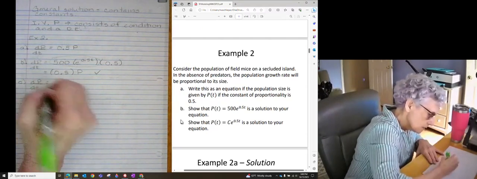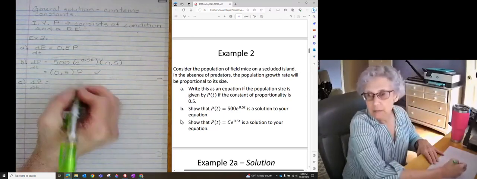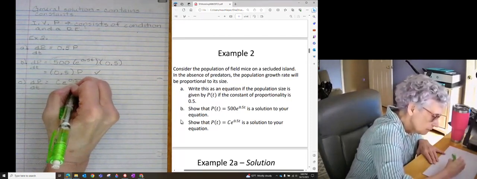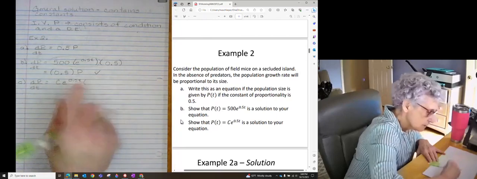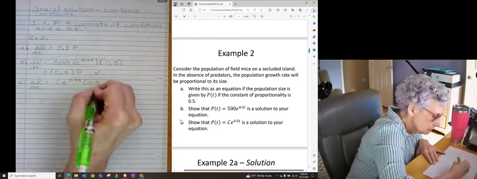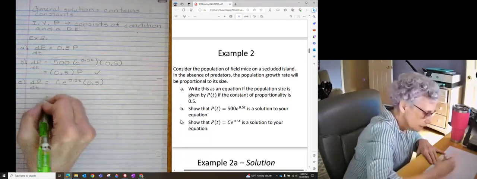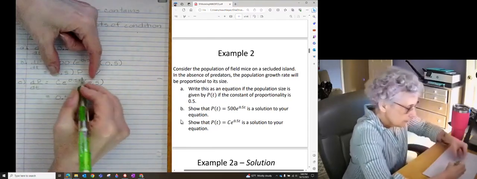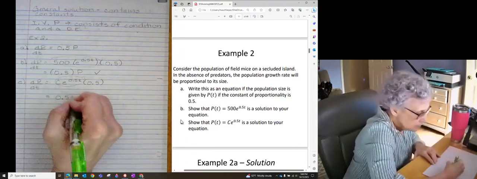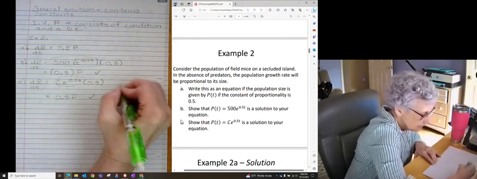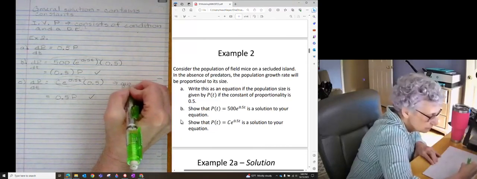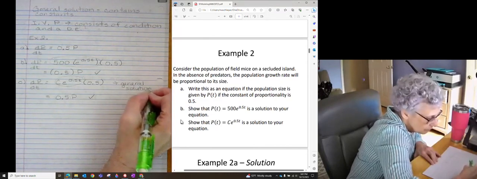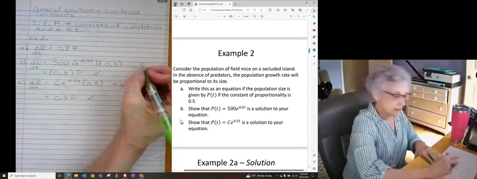Starting with P equals c times e to the 0.5 t, I have c e to the 0.5 t times the derivative of 0.5 t, which is 0.5, which happens to be equal to 0.5 times my P. This is a general solution. It has a constant in it.